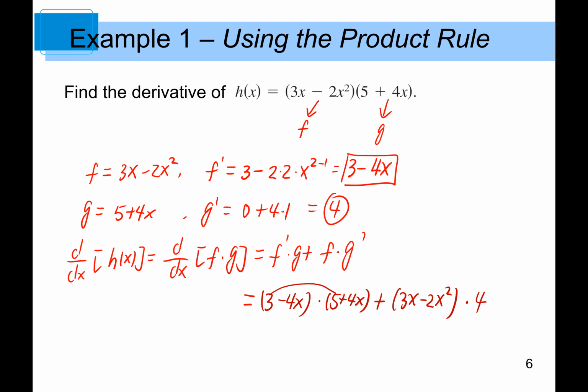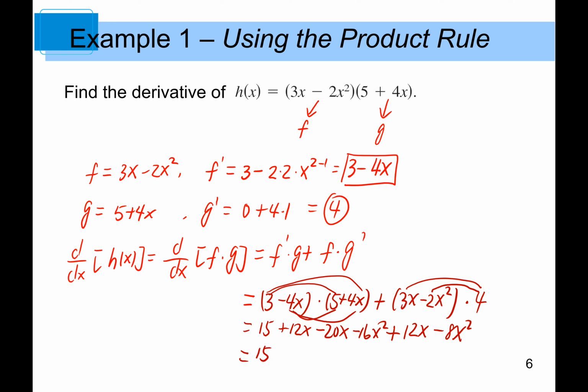3 times 5 gives us 15. 3 times 4x gives us 12x. Negative 4x times 5 gives us negative 20x. Negative 4x times 4x is negative 16x squared. The very last one, 3x times 4 gives us 12x. Negative 2x squared times 4 is negative 8x squared. Okay, then we start combining like terms.